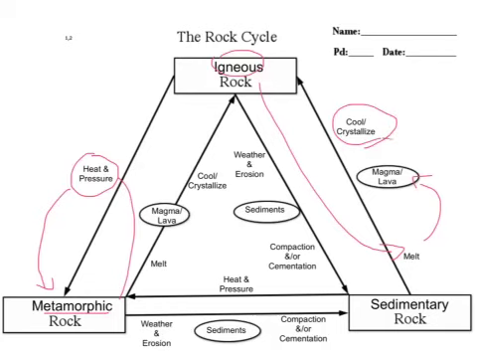Then it can cool and crystallize. And that in turn will give us another igneous rock. Same thing with sedimentary rock. If we weather and erode it, it will form sediments. We can compact it, and again, it will form another sedimentary rock.